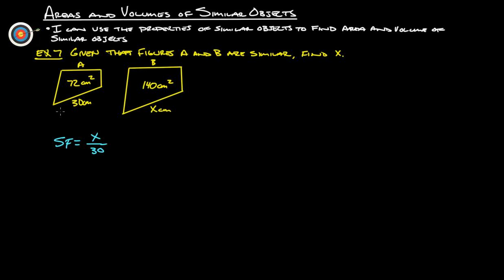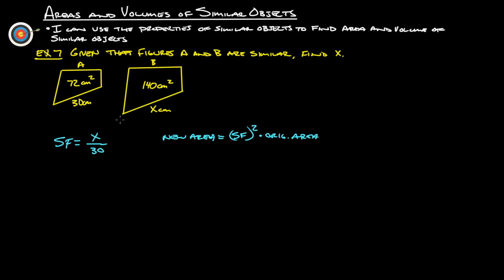We can't really simplify that, so let's just leave it as x over 30. And if the original is 72 centimeters, and the new one is 140, the new area is always equal to the scale factor squared times the original area.